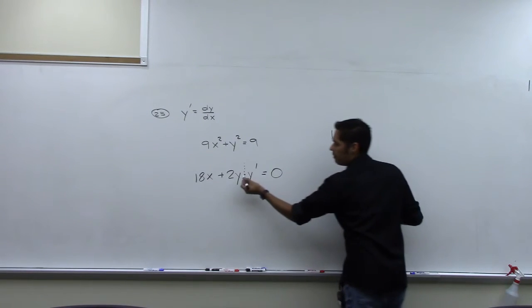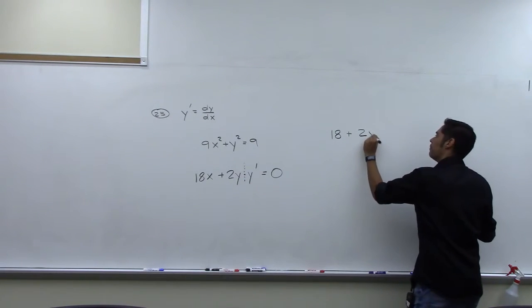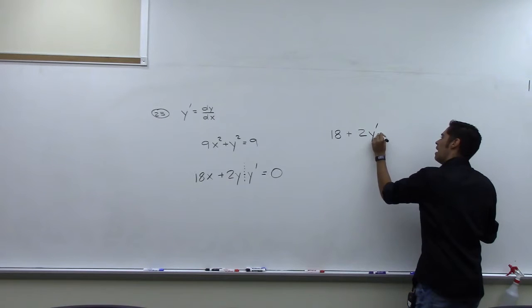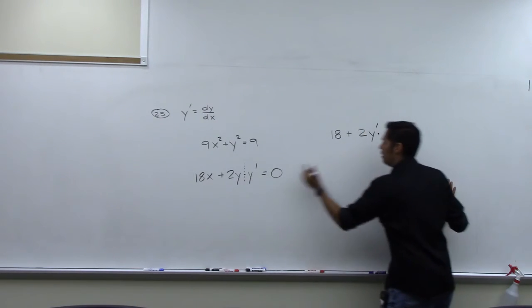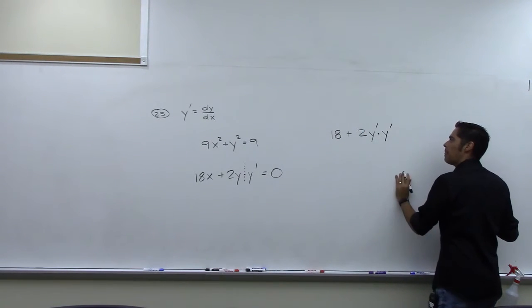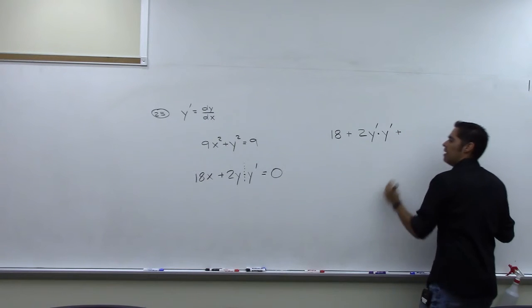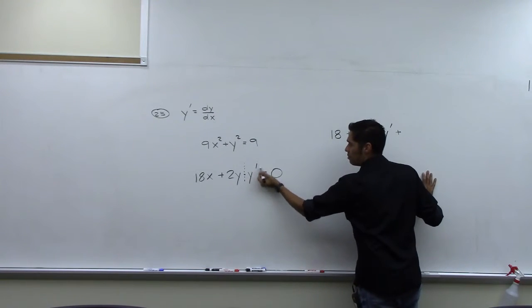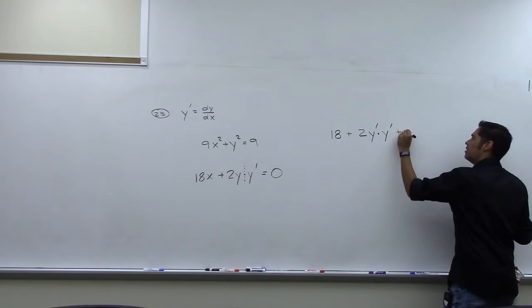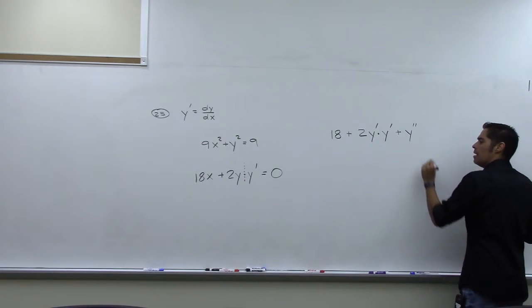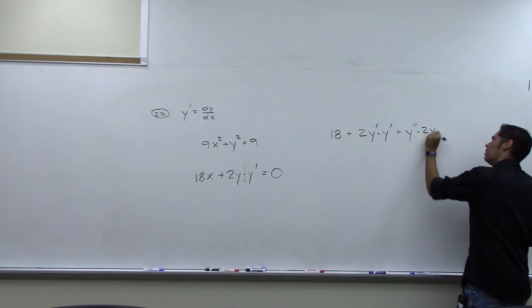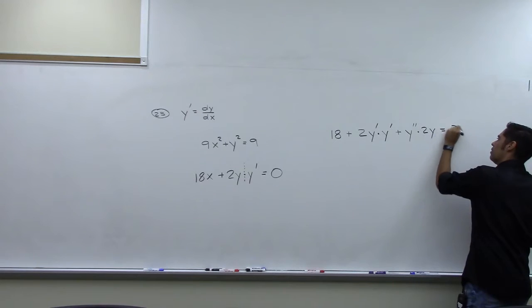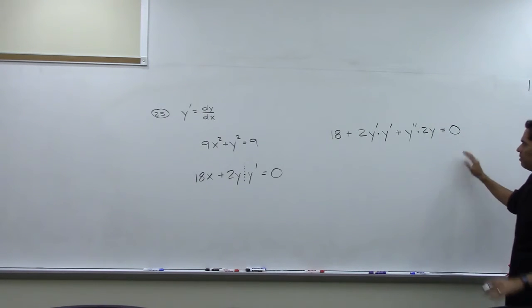And then the derivative of y is y prime times the second one, y prime again, plus now the derivative of the second one. The derivative of the derivative is the second derivative, then times the first function, 2y, then equals the derivative on the right side of 0, which is still 0.